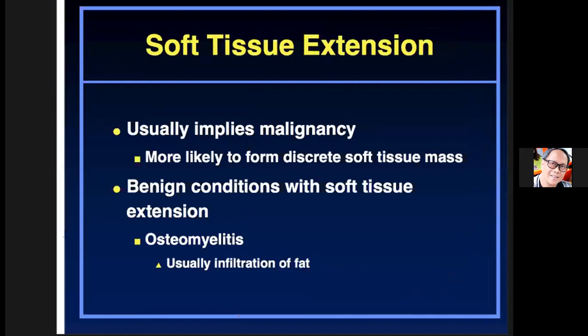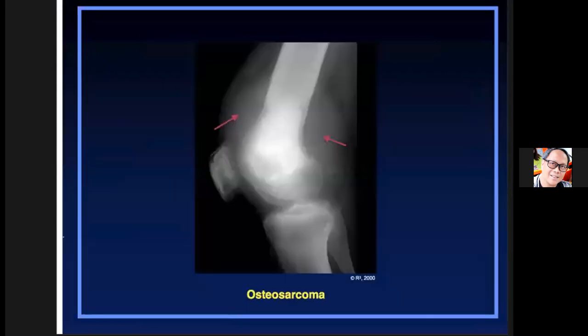But you do have benign conditions with soft tissue extension, and a good example is osteomyelitis. It may start out as cellulitis and then progress to osteomyelitis when there is deterioration of the wound, especially when there's already pus formation.